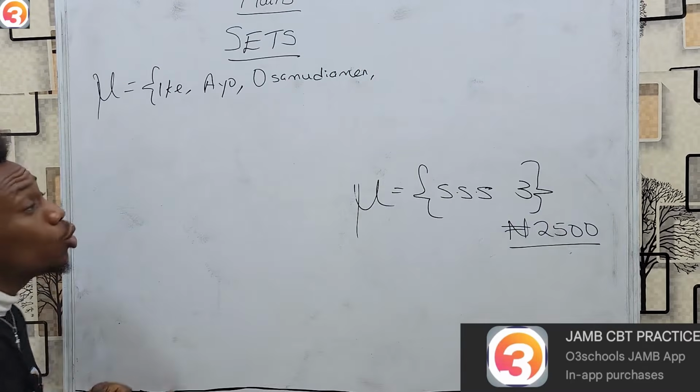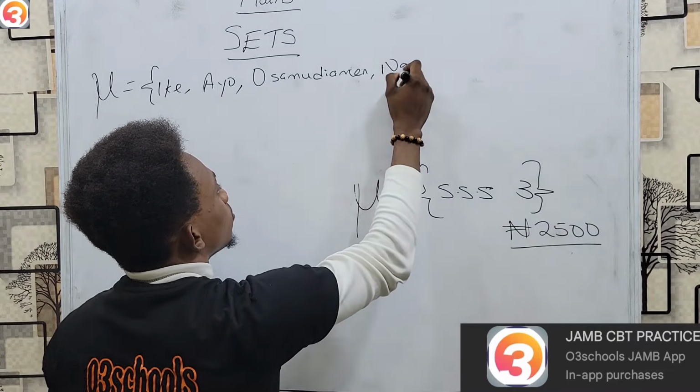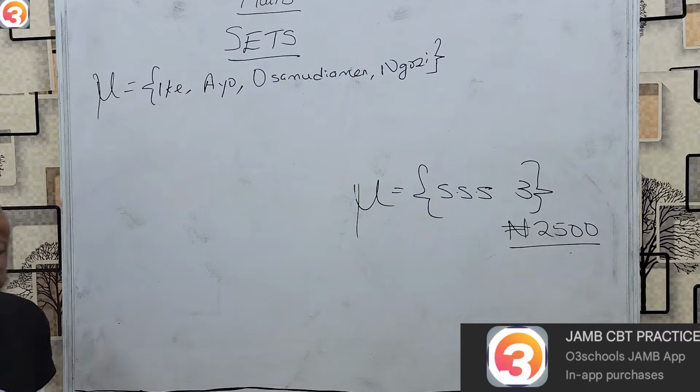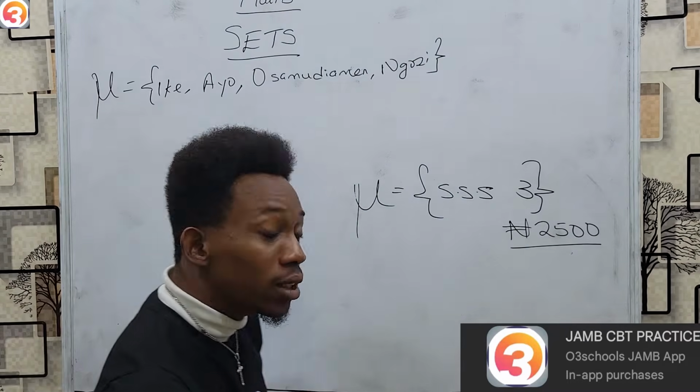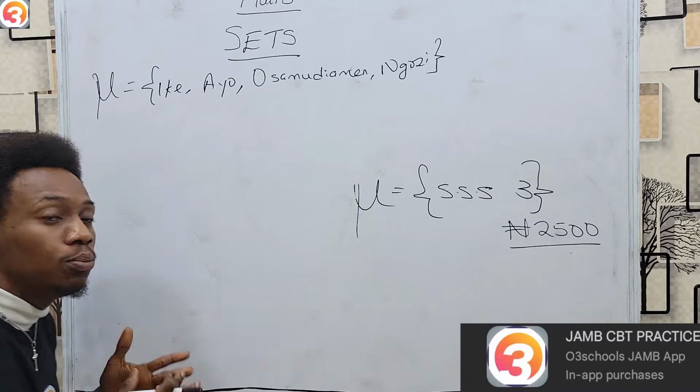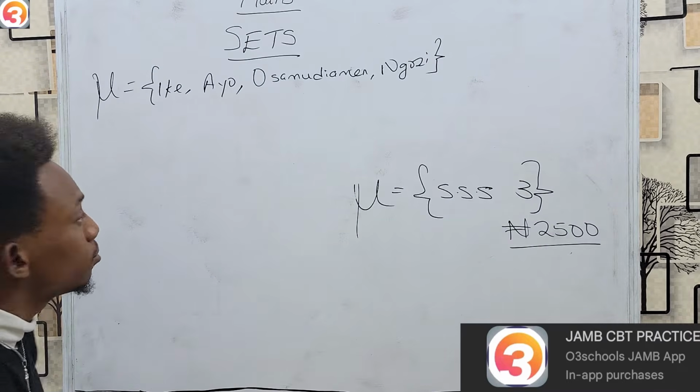Let's try an Igbo girl named Ngozi. And let's say these are the 4 members of this universal set. In that case, while this is my universal set, I could get a subset from it. Let's say I want a set of boys within this class.